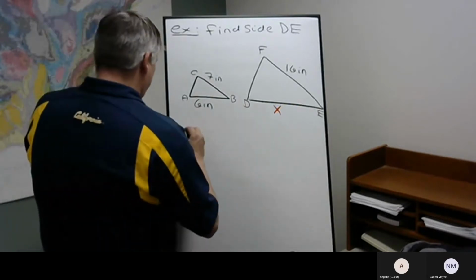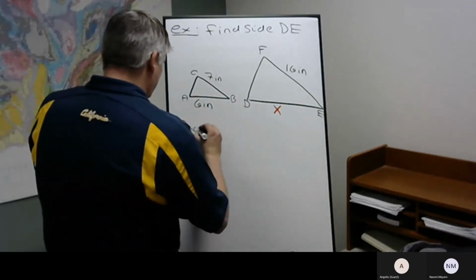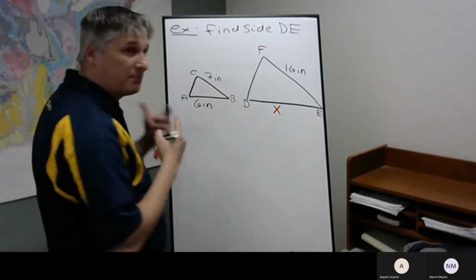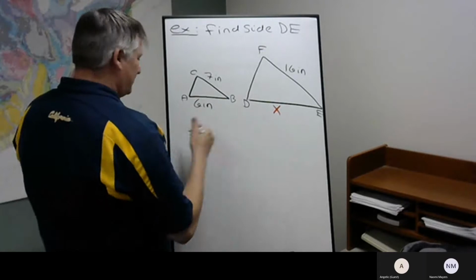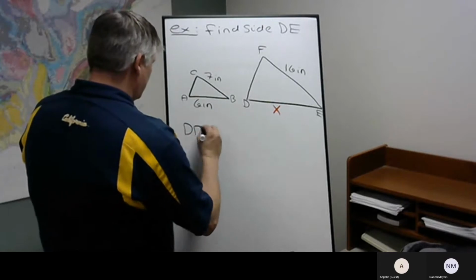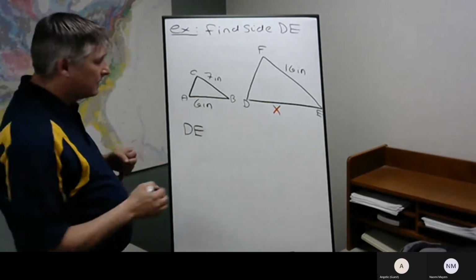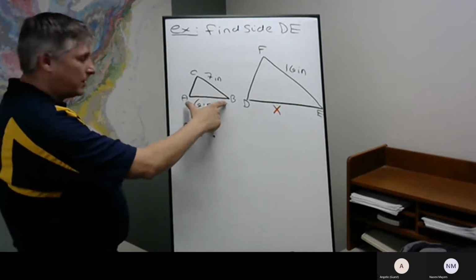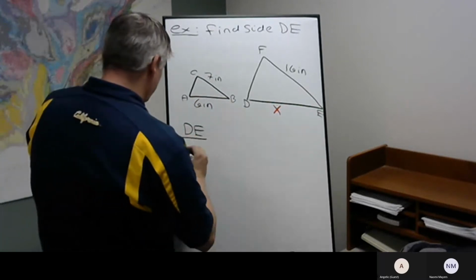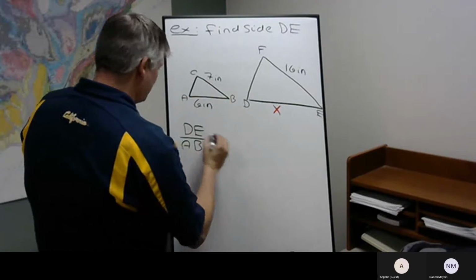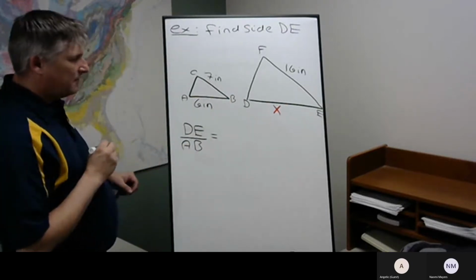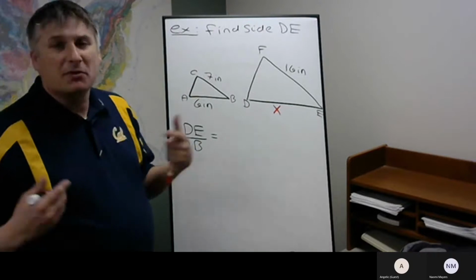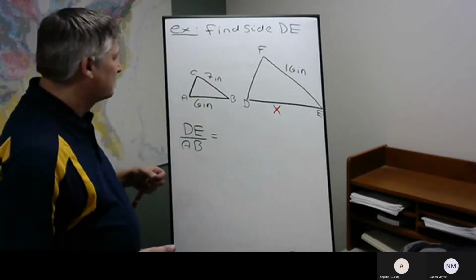So let's say this side DE is our base 2. And this side, AB, would be our base 1. Well, this is going to be equal to the ratio of another pair of corresponding sides.